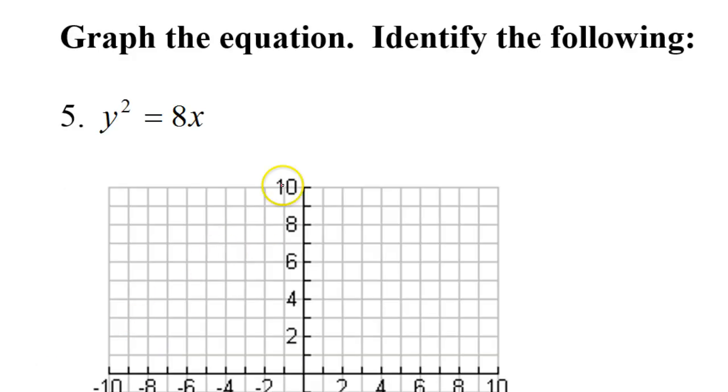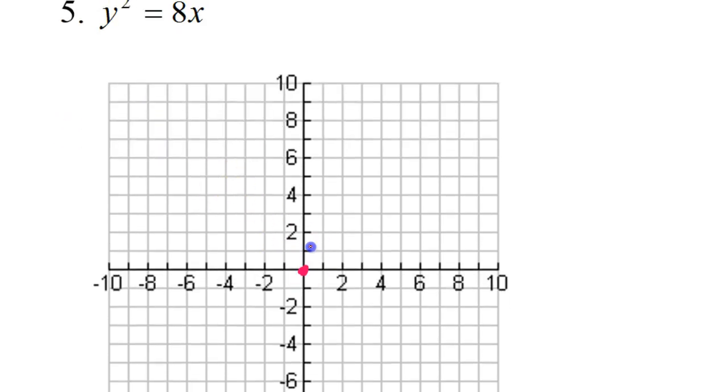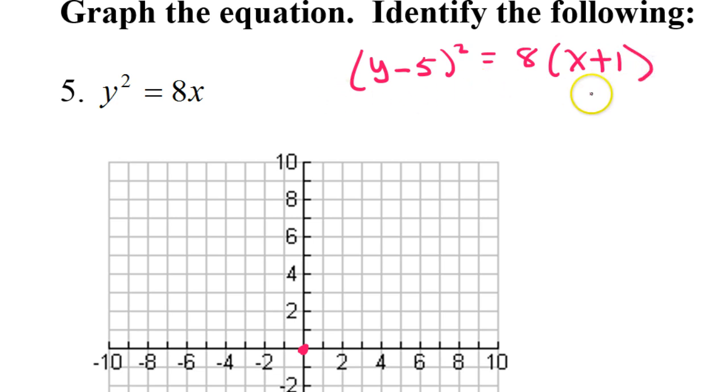For the next few problems, we're going to be a lot more specific. We know right away that the vertex is going to be at 0, 0. If the vertex were something else, we would have other values added or subtracted. For example, if I had y minus 5 squared is equal to 8 times x plus 1, this would be a parabola that has a vertex of -1, 5.